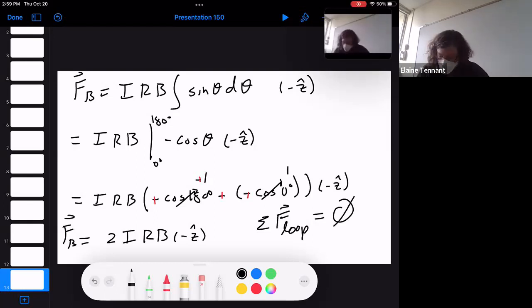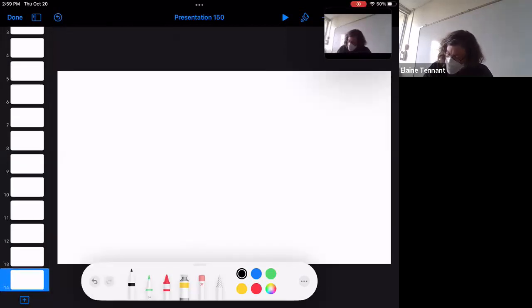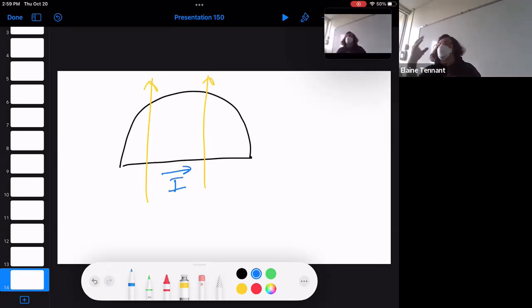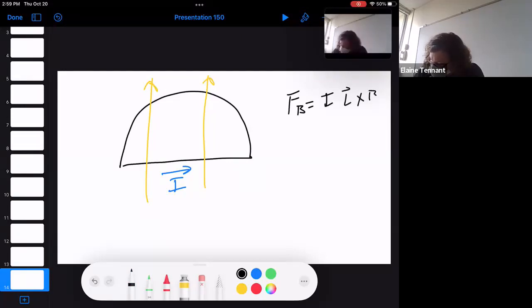And I'm hoping what you guys see is that when we were looking at this force, what really mattered was how much of this loop was perpendicular to the magnetic field. Where I L cross B, where we cross producted this.